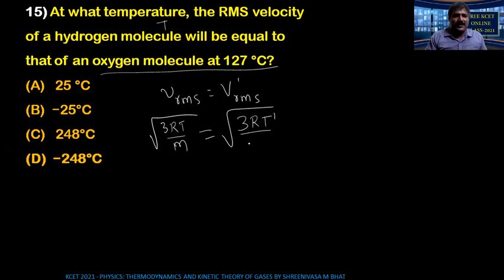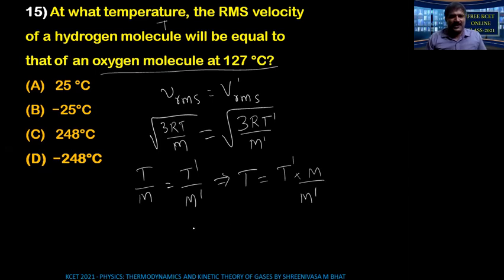And what about M? M also different here. So 3R, 3R. Whenever square root is there, square both the sides. Therefore, we can compare easily. T by M equal to T dash by M dash, which implies T is required for us actually. So T dash into M by M dash. Okay. We can use T1, T2 also, M1, M2 also. T equal to, substitute the values, T dash.